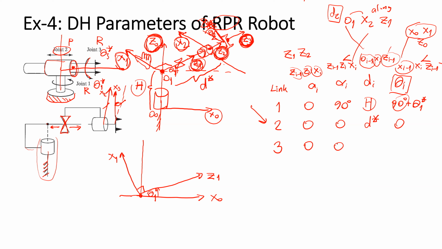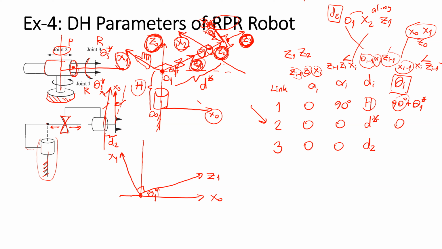The offset of C2 and C3 will be the offset between the top of the revolute joint and the end effector. Of course, we have one offset, and it can be D2, which is the constant offset.